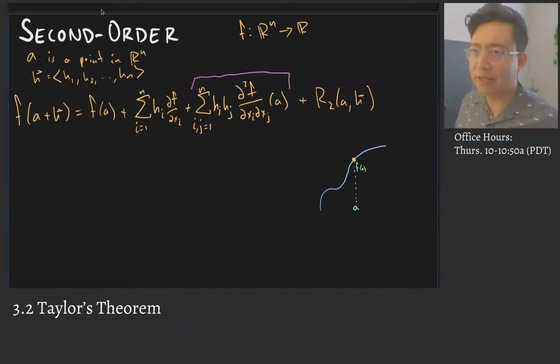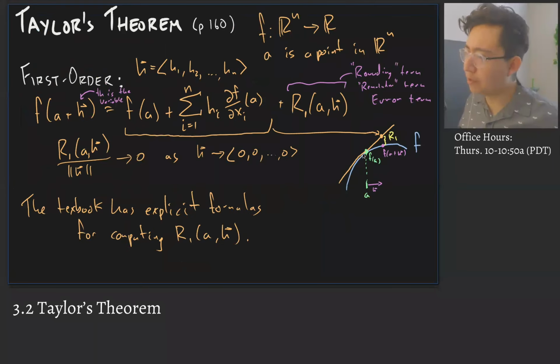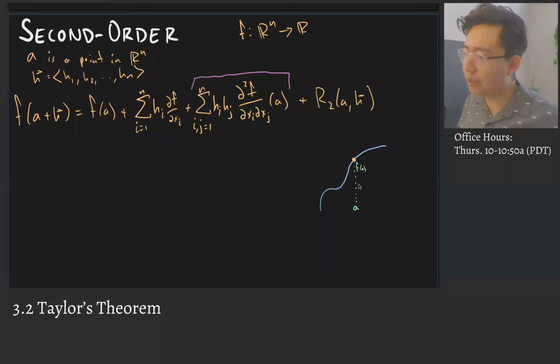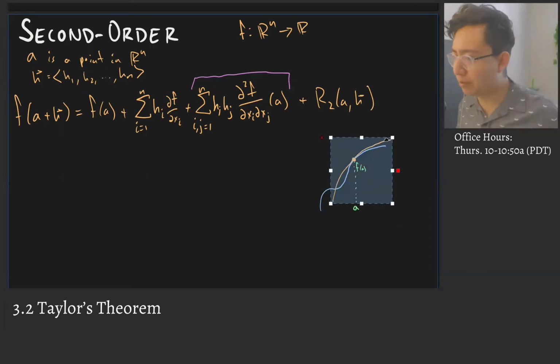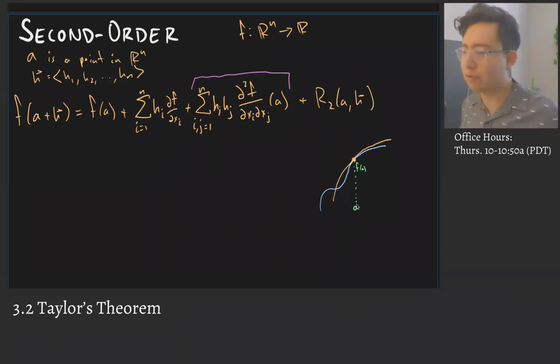Before, we drew a little tangent line on our picture. Here, we're going to draw a curve that is parabolic, but doesn't quite follow the exact same curve. It curves basically the same near this point a, and it should be touching at that point.